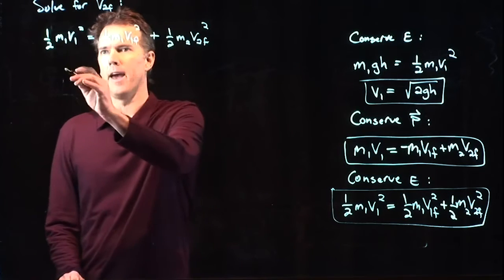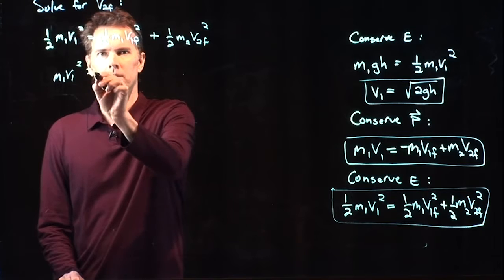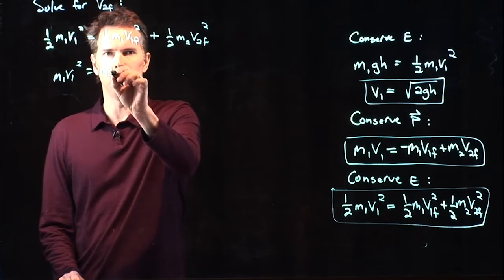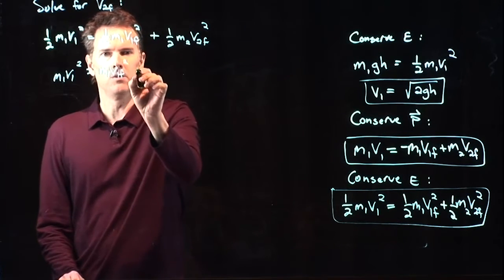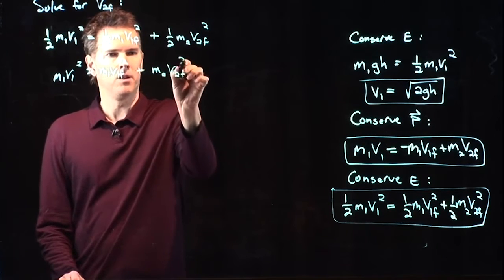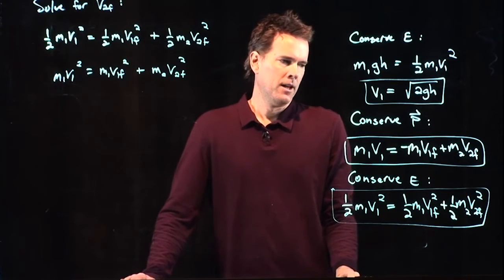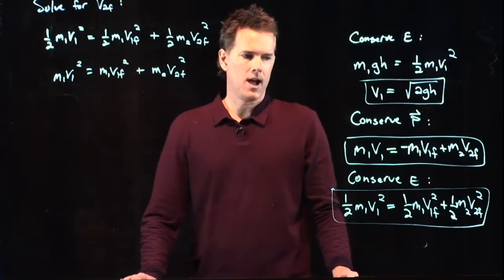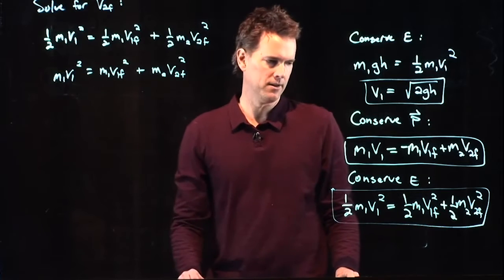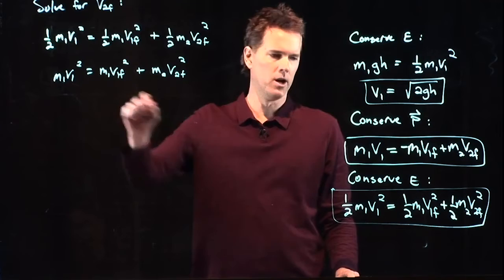First off, let's get rid of all the halves. We don't need all those halves anywhere. So let's make this m1 v1 squared equals m1 v1f squared plus m2 v2f squared. And now if I look at the left side here, I need to somehow get v1.